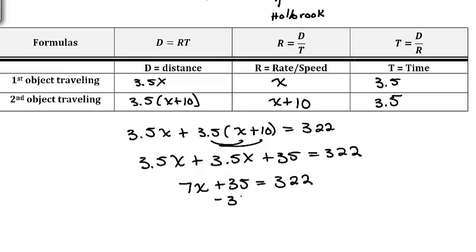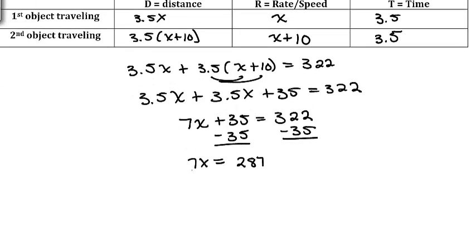Now we want to subtract 35 from both sides, and we get 7x is equal to 322 minus 35 gives us 287. And then the last thing we need to do is divide both sides by 7, and we get x is equal to 41.